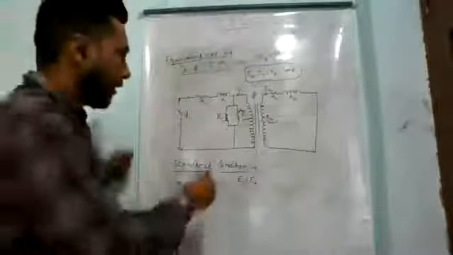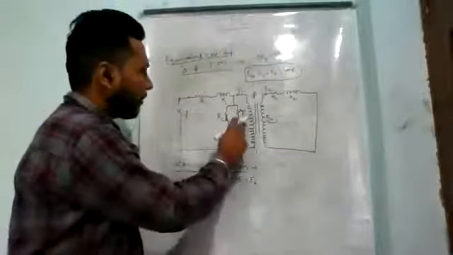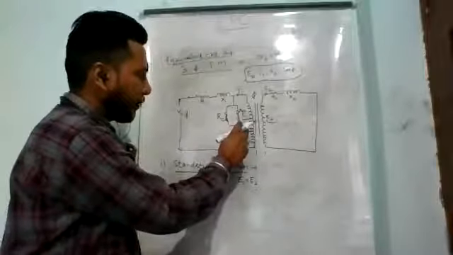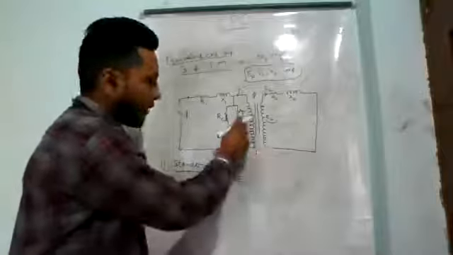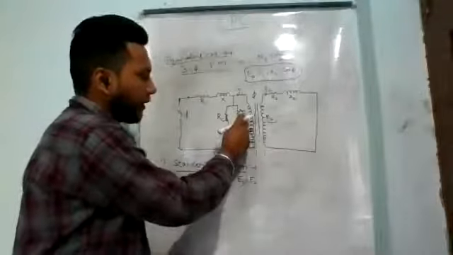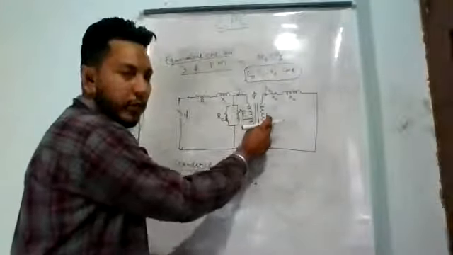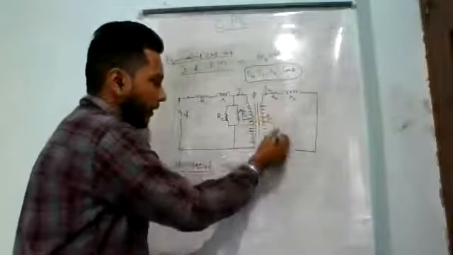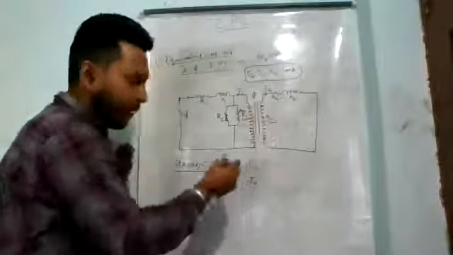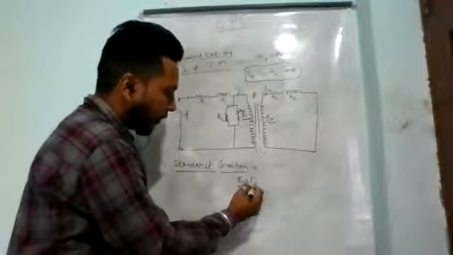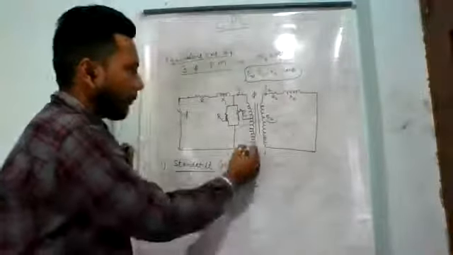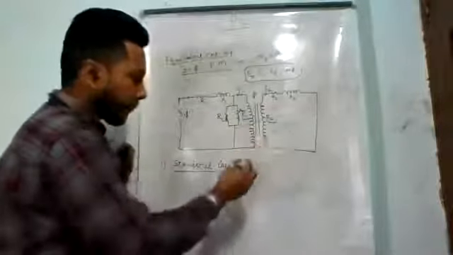When we give supply to the windings, an EMF is induced in the stator winding. This EMF is the same as E2 because the rotor doesn't rotate at standstill. That's why E1 is equal to E2. This is the primary side, this is the secondary side.